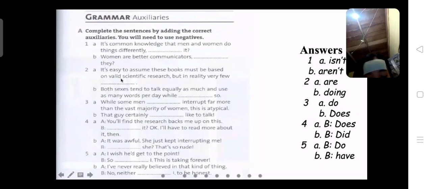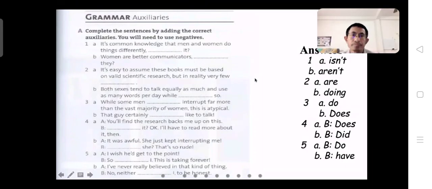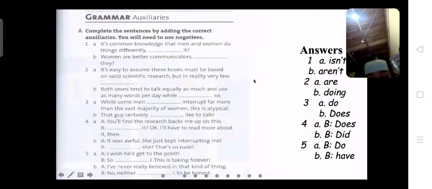B: Women are better communicators, aren't they? Number 2. It's easy to assume this book must be based on valid scientific research, but in reality, very few are.